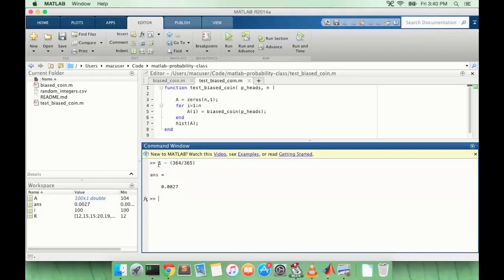Now if we had three people, the third person only has 363 buckets to choose from. So we have 364 over 365 times 363 over 365. And we can multiply these probabilities because they're independent.